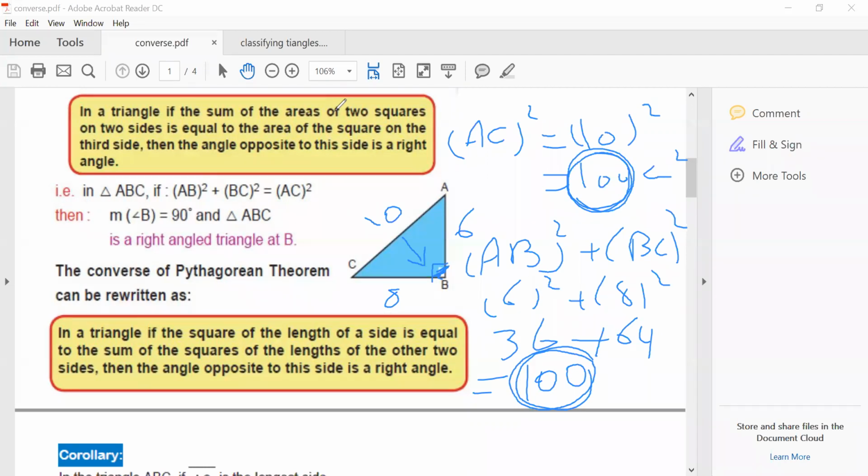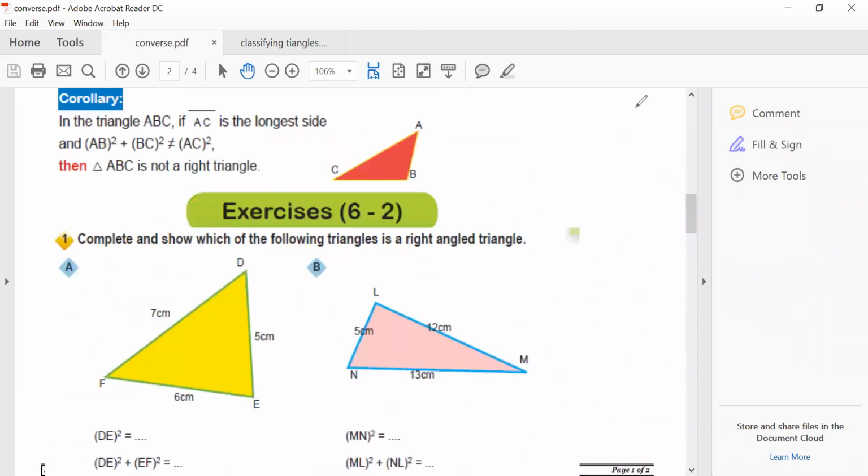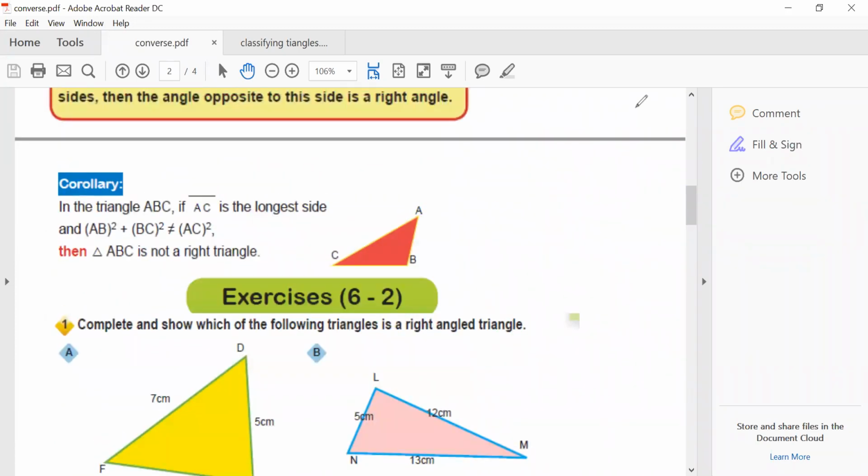Okay, so what is the corollary I have? The corollary says in any triangle, if AC is the longest side here, and AB squared plus BC squared doesn't equal AC squared, so this triangle is not a right angle triangle.